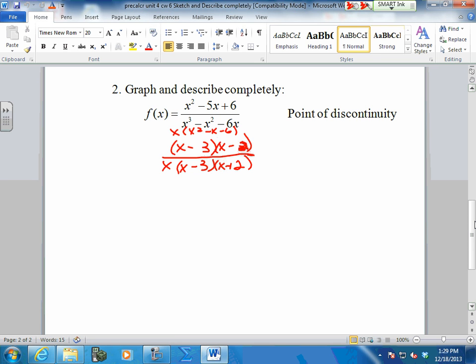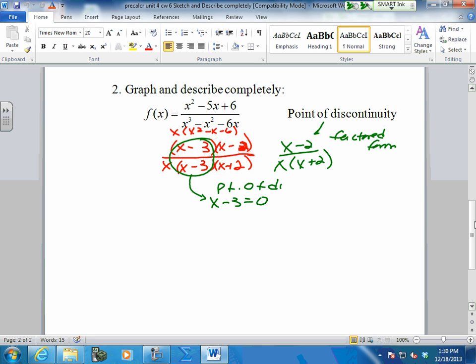Now, this is where we say factor, and what can we reduce out of here? x minus 3. Now, hold on to that, circle that, and write what's left: x minus 2 over x times (x plus 2). This is what's left in factored form. We have to refactor it. This guy right here, set it equal to 0. This is your point of discontinuity.